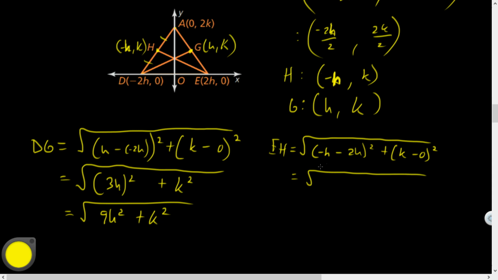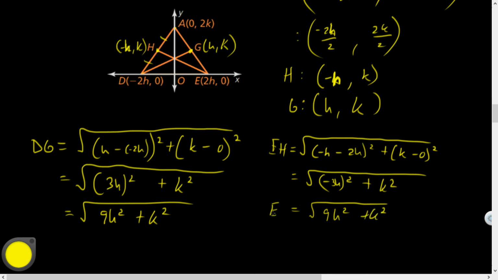Let's see, negative h minus 2h is negative 3h. Still in parentheses. Ryan, if you drop those parentheses, you'll probably make a sign error. Actually, guaranteed. Yeah, don't drop those parentheses. Negative 3h all squared is positive 9h squared plus k squared.